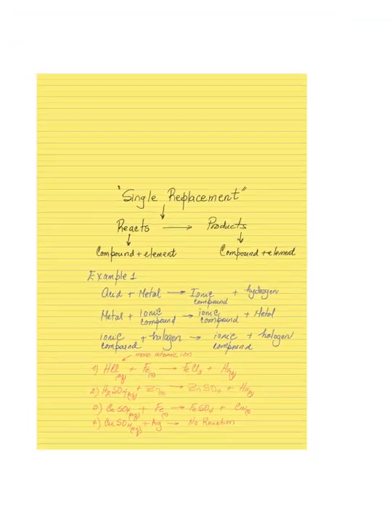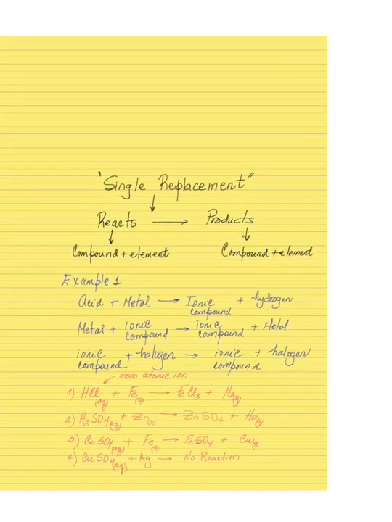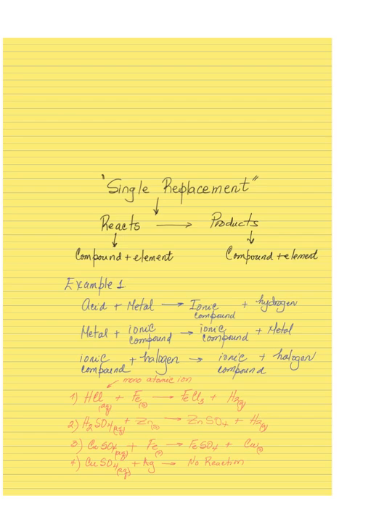Let me see. Single replacement. You know that in a single replacement you have a compound and an element, and I made a mistake over here because you have reactants here. Let me write that, reactants.